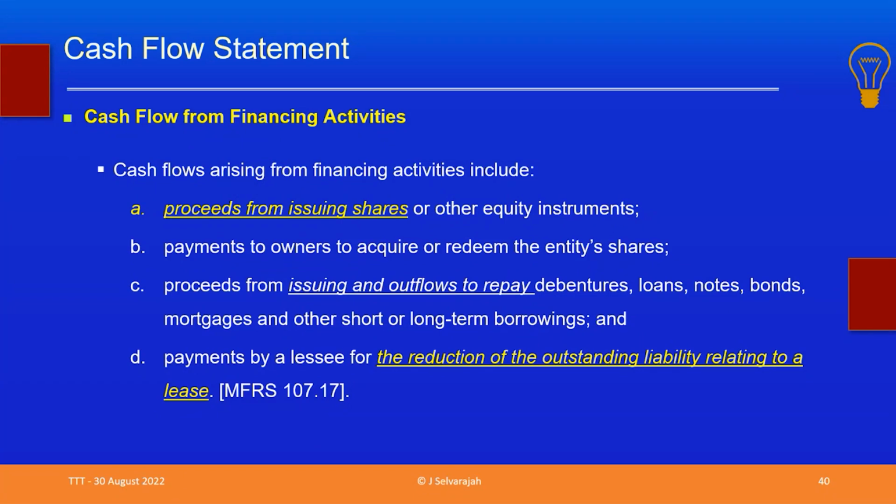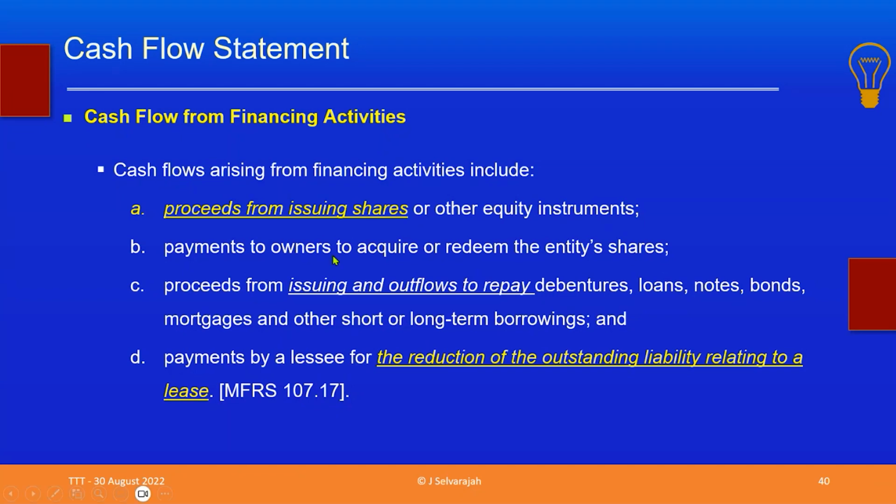All of these that we issue to the shareholders are part of financing the company. Although they are called equity, technically the shareholders are financing the company. But because they are shareholders, they are not called financiers. They are called equity holders.